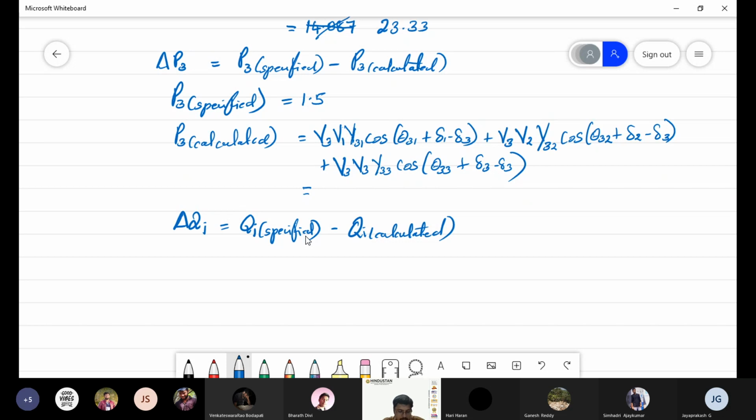All right. So how to find the specified value and calculated value? Specified value is there in the problem itself, and calculated value we use that formula.